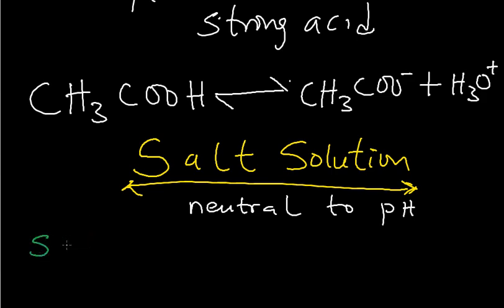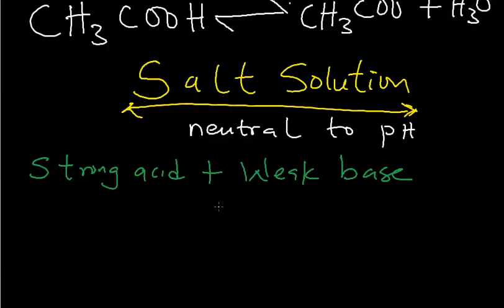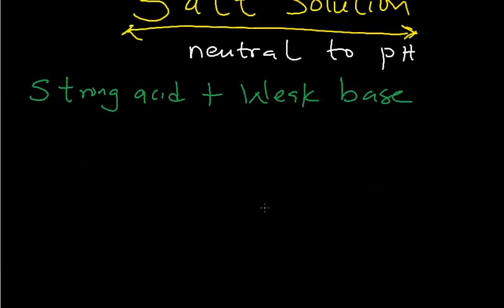If you have a salt that is formed from a strong acid plus a weak base, what would you think the pH of such a salt solution would be? Of course, the pH of such a salt solution will be acidic.